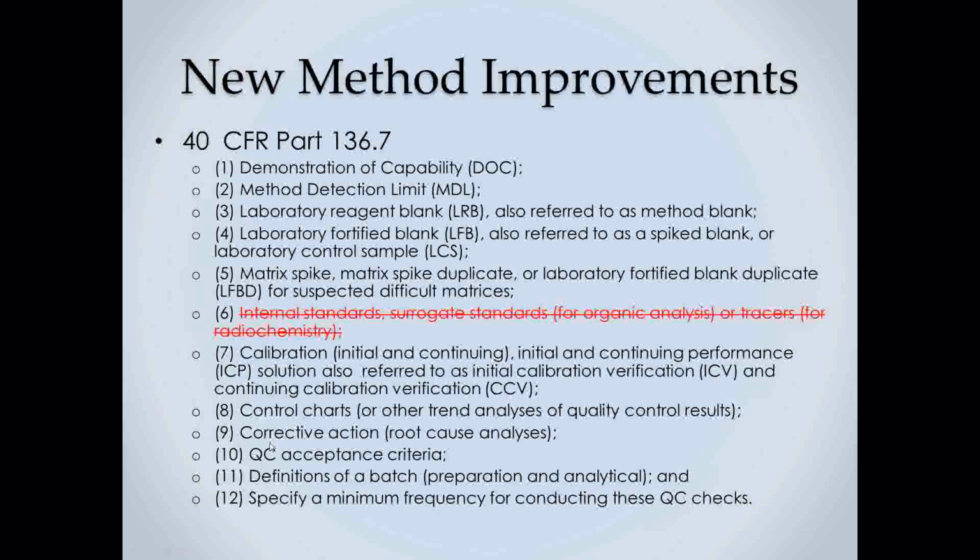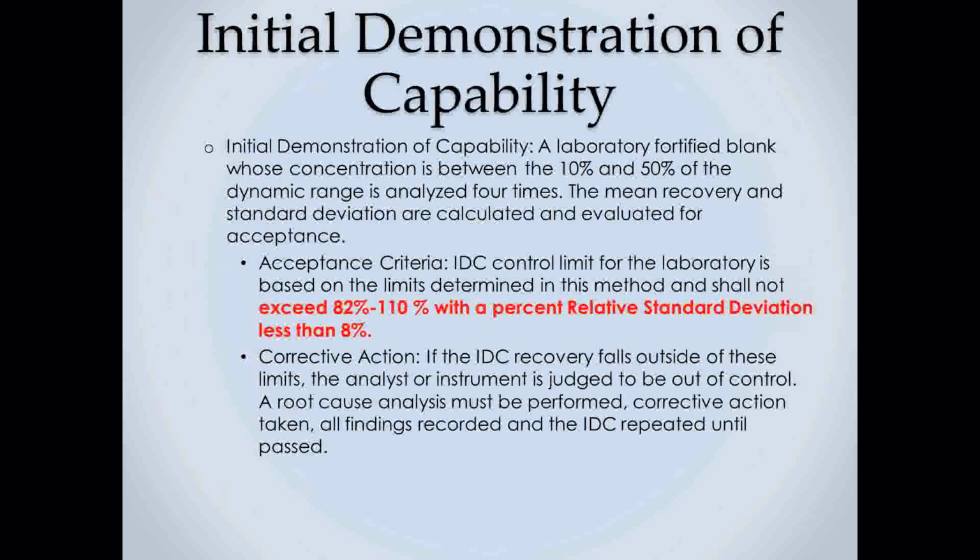And let's take a look at a little bit of it. In the method, we talk about initial demonstration of capability. All right. So IDC control limits for the laboratory is based on the limits determined in this method. So that's initial precision and recovery in the method, and shall not exceed 82% to 110% with a percent relative standard deviation of less than 8%.